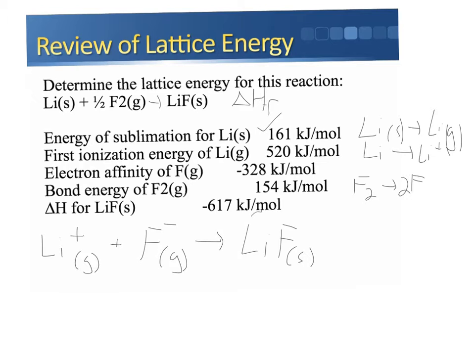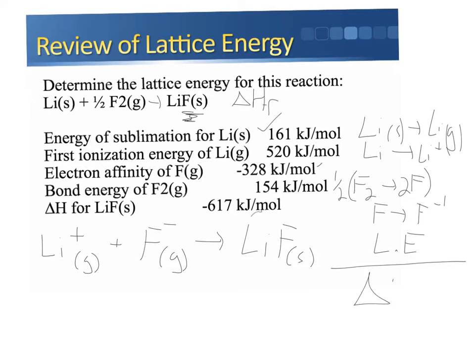There are 2 fluorines, but we only need half of that because there's only 1 fluorine in our final product up there. And then we'll get to the electron affinity, which is fluorine turning into F minus 1, so we need that. And then the lattice energy is coming together to make the compound.